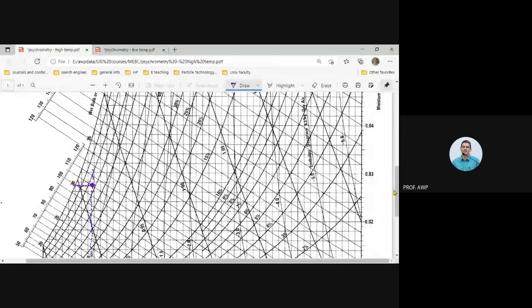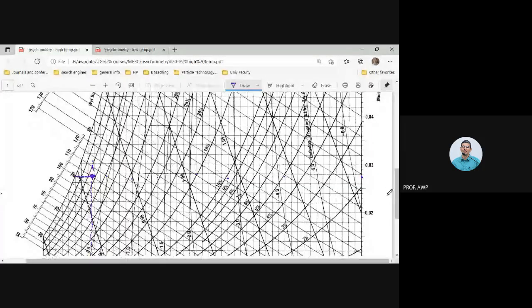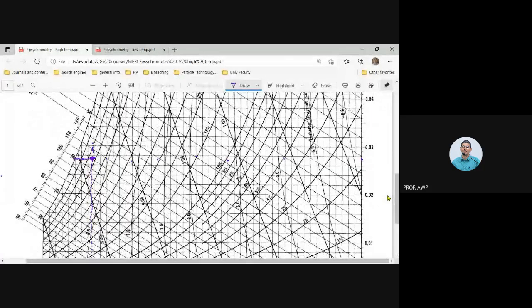If you extend this point to the y-axis, that point would be nearly 0.027, 0.028 kgs of water vapor per kg of dry air.